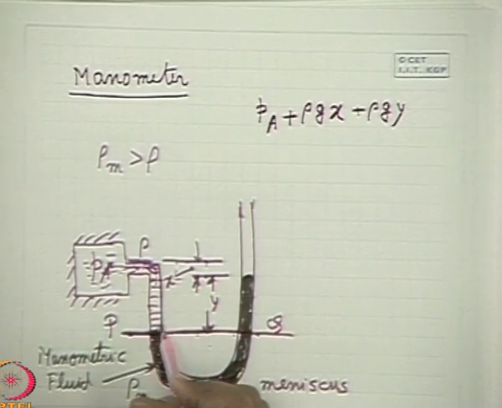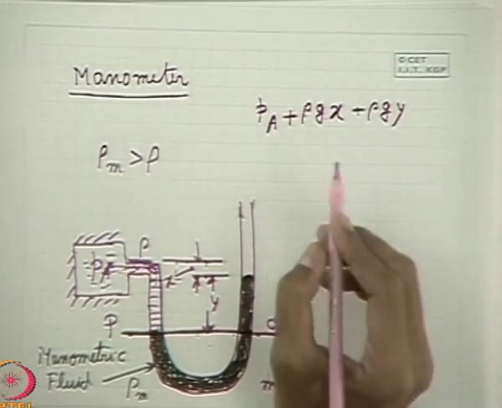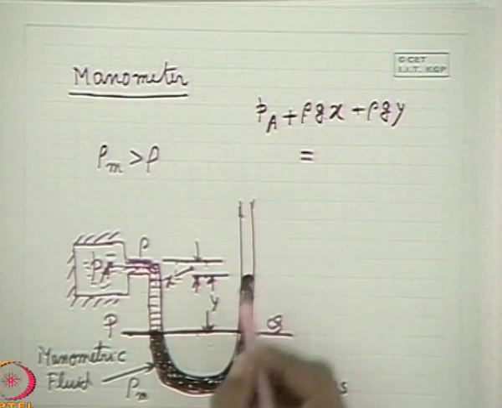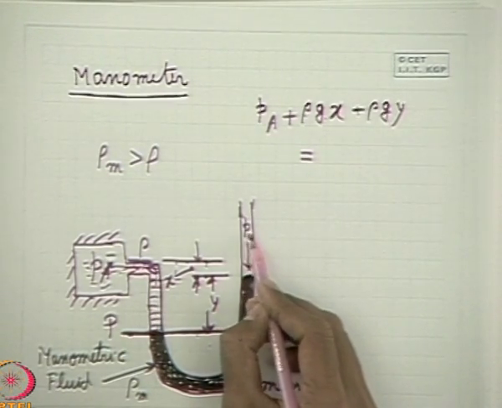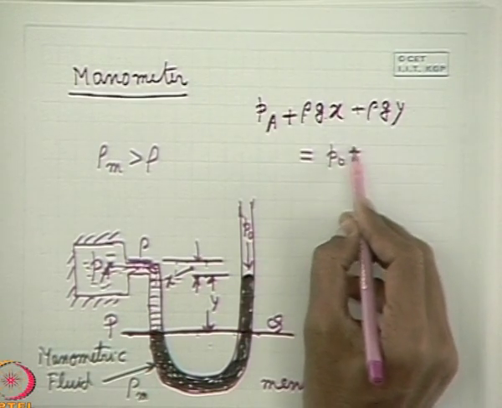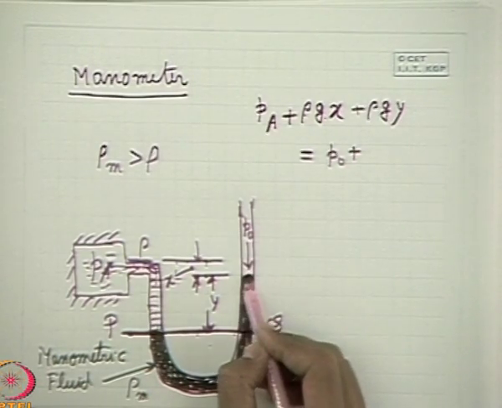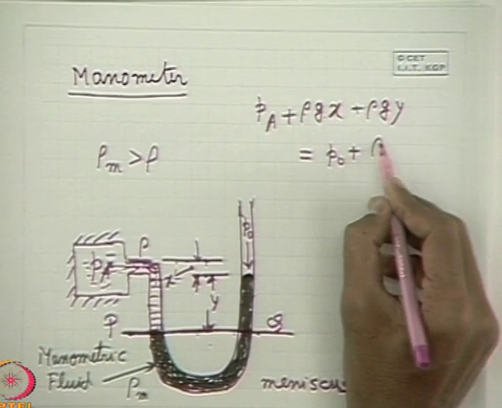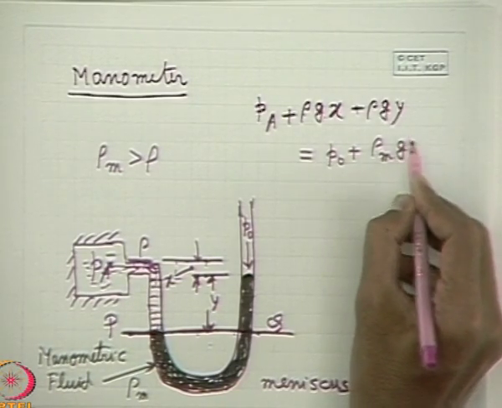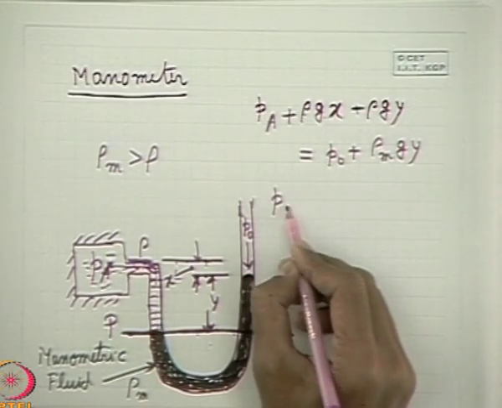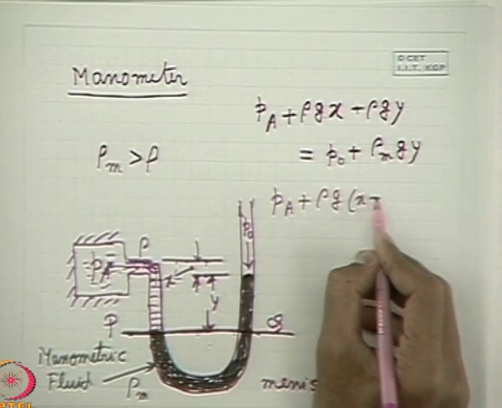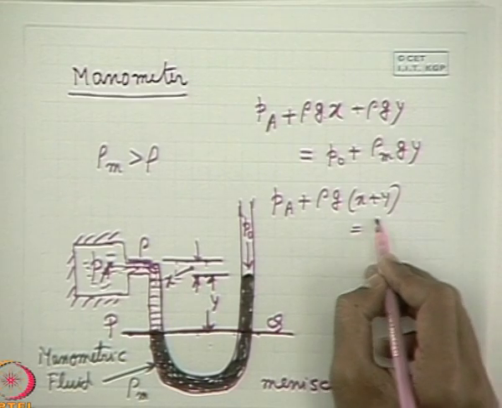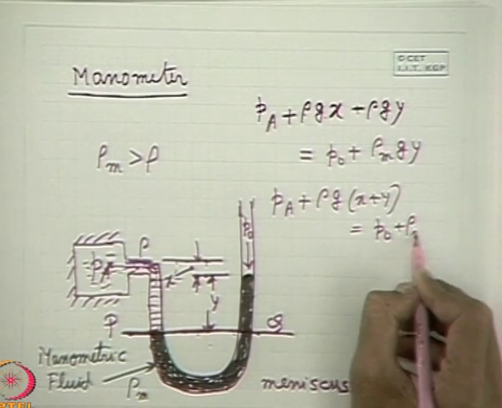This is the total height of the liquid column, rho g (x plus y), and that must be equal to the pressure from this side, which is the atmospheric pressure P0, acting straight on this interface, plus rho m into g y. So if I write that, Pa plus rho g into (x plus y) is equal to P0 plus rho m g y.